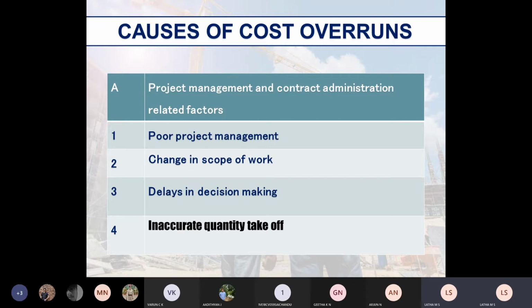Then there are delays in decision making. That should not happen. Delays in decision making can be avoided where the management takes care of it, if there is a management setup where decisions can be made immediately and executed. And inaccurate quantity takeoff, isn't it? You require some 10 tons of steel, and with inaccurate quantity takeoff you don't know precisely and don't give the exact value. Sometimes you may give a lesser quantity.